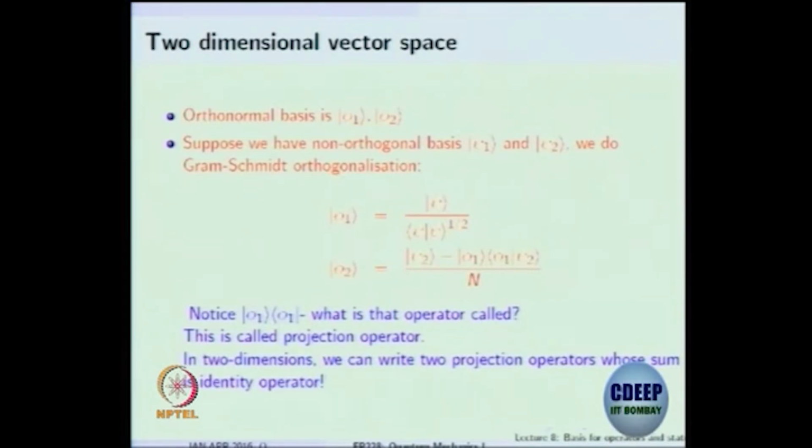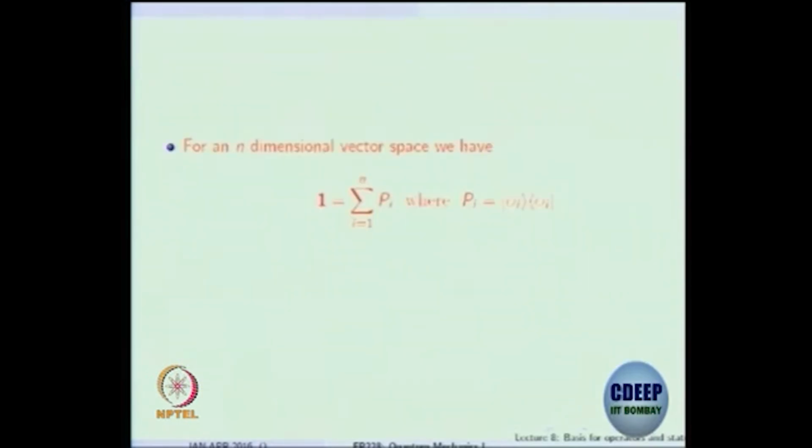And this is what we called a projection operator, and in 2 dimensions we can write 2 projection operators whose sum is an identity operator. Okay. So for an n dimensional vector space, you could write n projection operators, and the sum of those projection operators will turn out to be 1. If it is not 1, what does it mean? Suppose it is not 1.